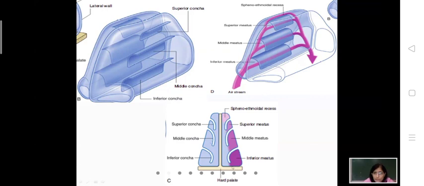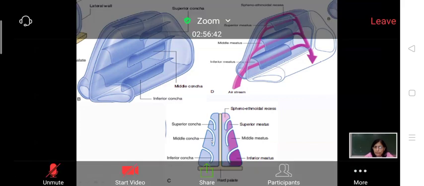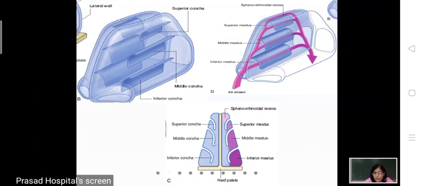Now there is a schematic diagram. This is the floor of nose and this is the lateral wall of nose. These shelf-like projections are the conchae: superior, middle, inferior. Below and lateral to the concha, the space in the lateral wall is the meatus.